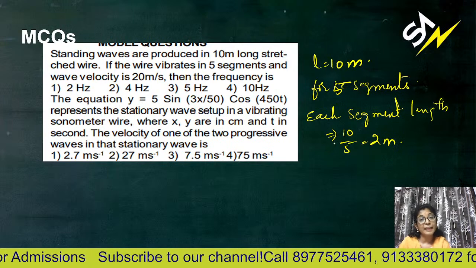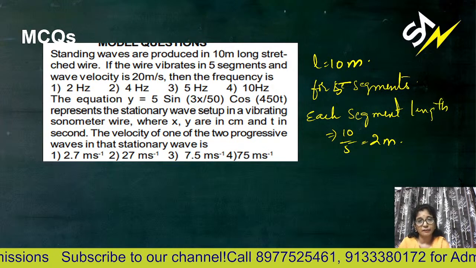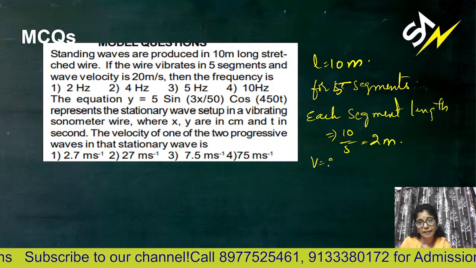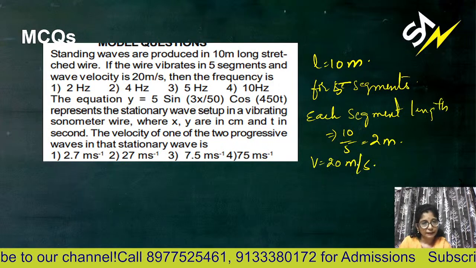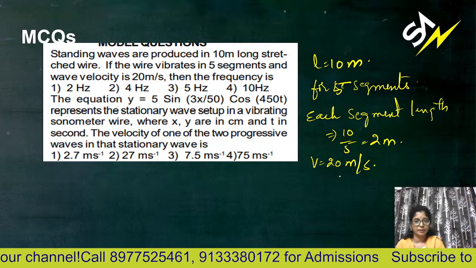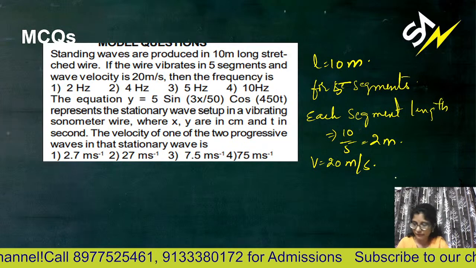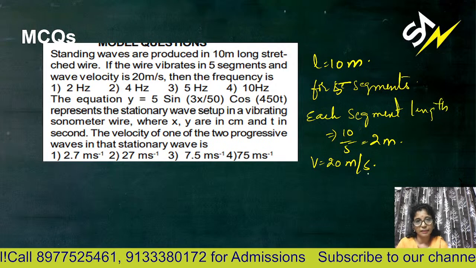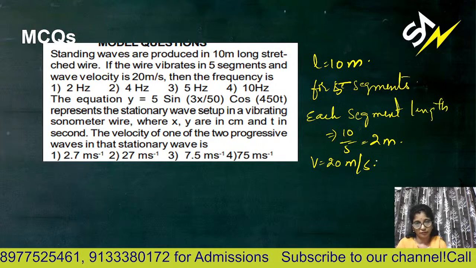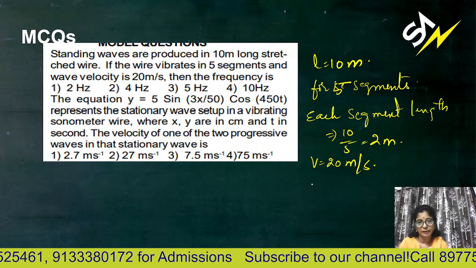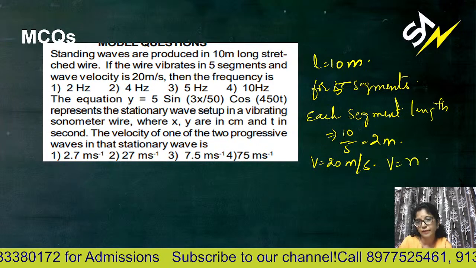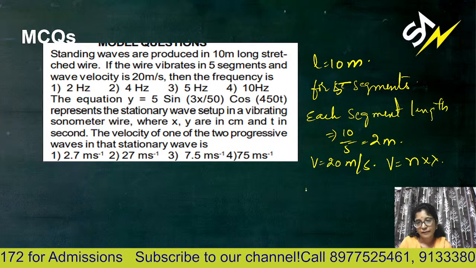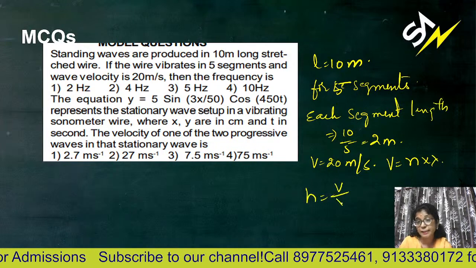The wave velocity he gave is 20 meter per second, and the frequency we need to find out. Each segment is 2 meters, right? So what is the formula for velocity? Velocity is equal to frequency into lambda. Frequency is equal to velocity by lambda.